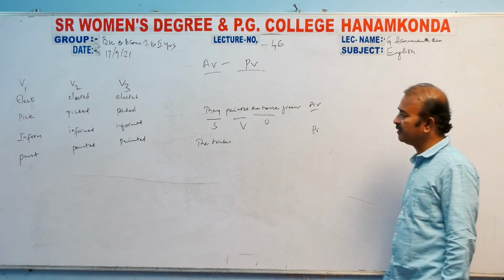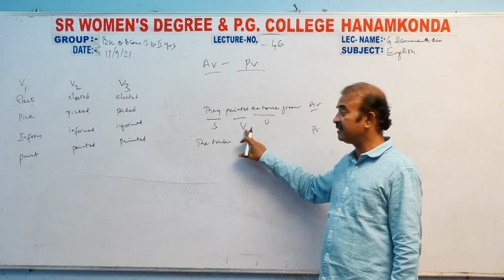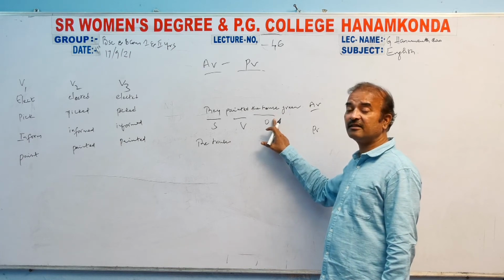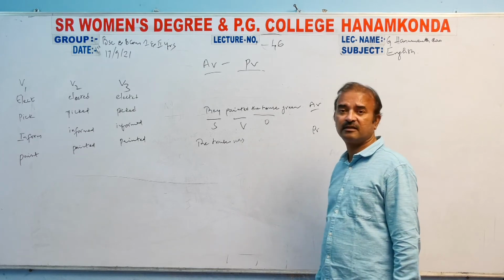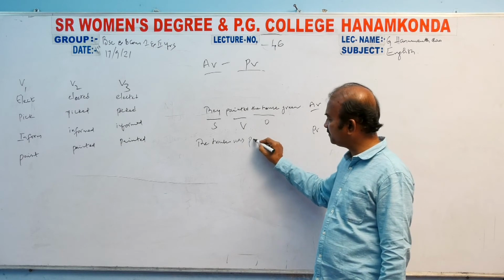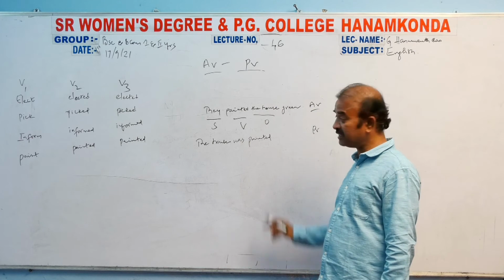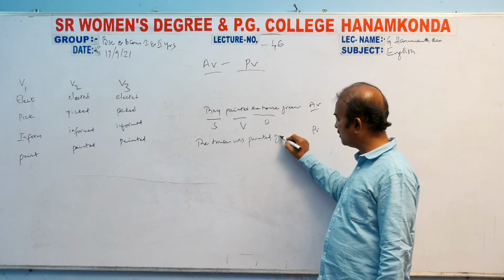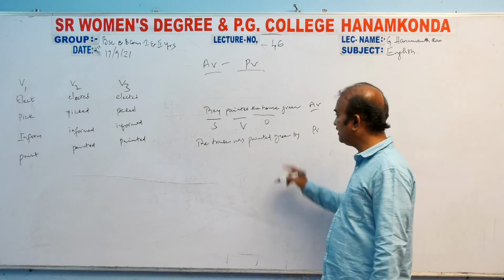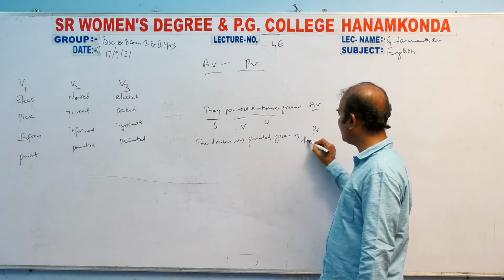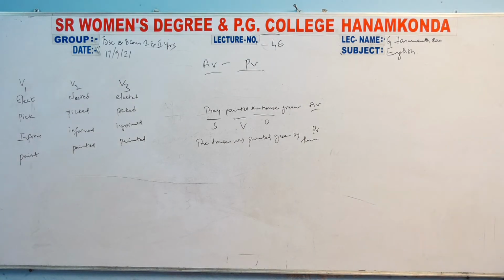So, house, okay? Verb in the past tense. Object is singular. Verb past tense, object singular. The house was. What's the V3 form? Painted. Painted what? Green. Then add this by. Now bring this they here. They changes to them. The house was painted green by them.